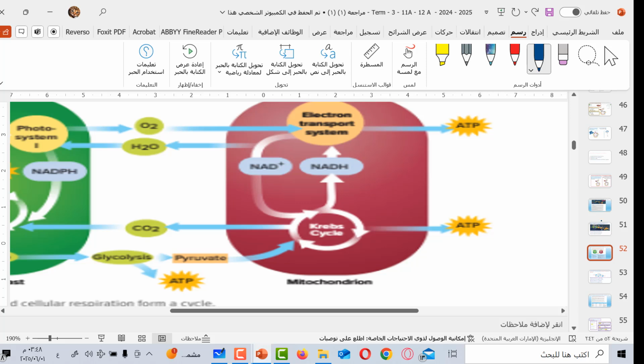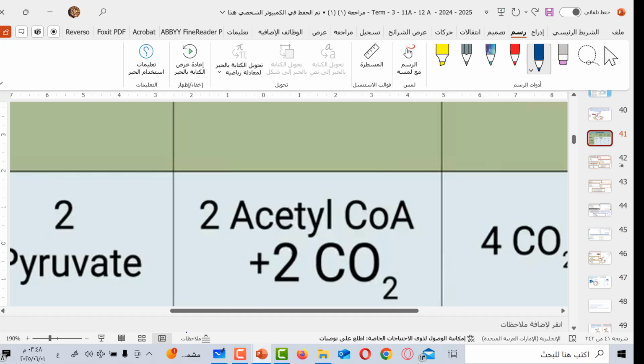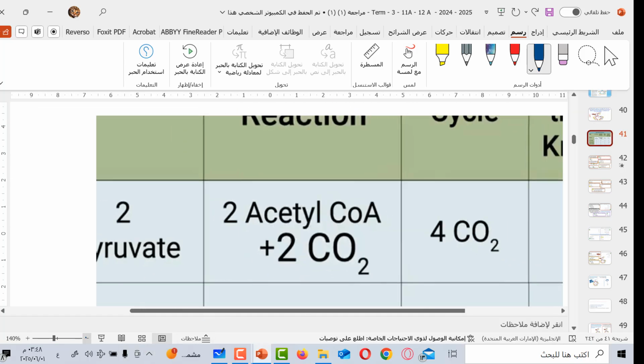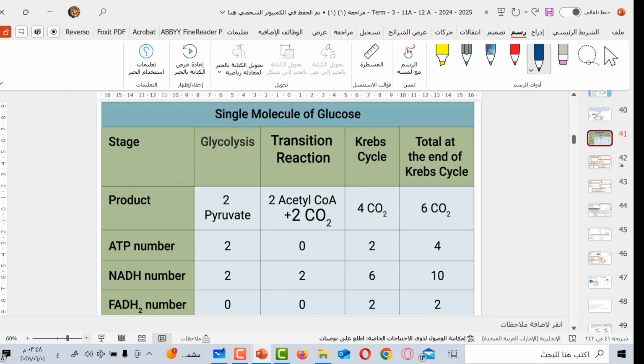Don't forget this timetable. Let's see this timetable, it's very important. Number 1, I give you advice before everything: because this is about cell respiration and photosynthesis, you must know where every process happens.